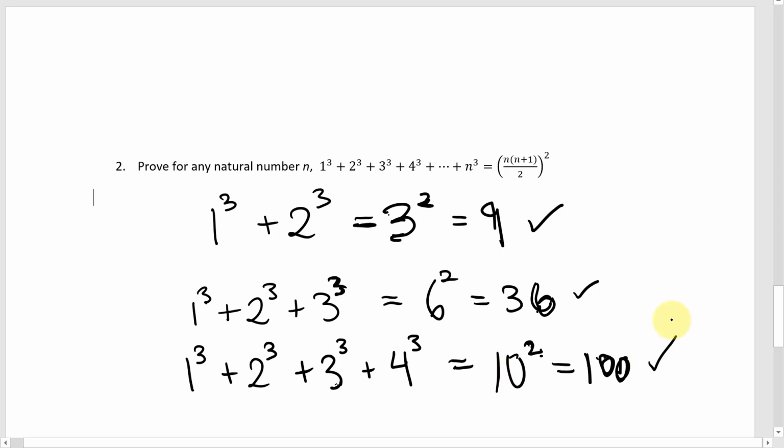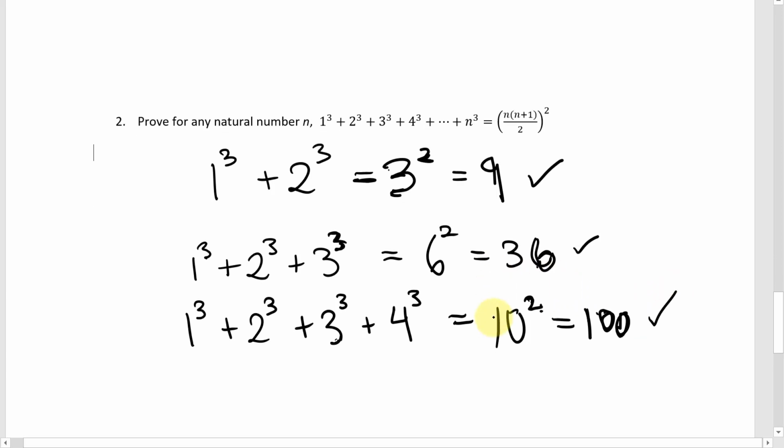So the fact that it checks out in a few examples is of course no proof that it would work all the time. And that's what mathematical induction is going to do. It's a general principle that worked in the previous one and will work in this one. If I want to prove a statement is true for all integers from some base value onward, I can use this principle of mathematical induction.